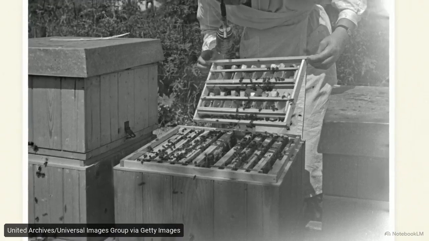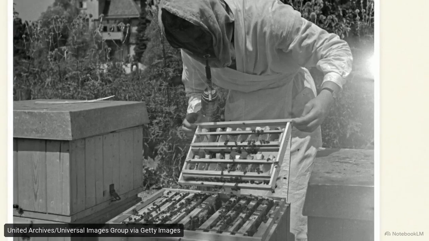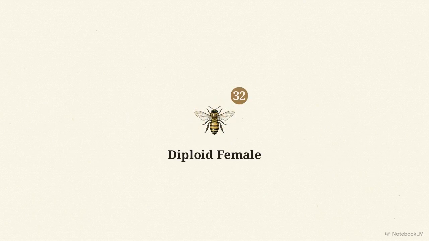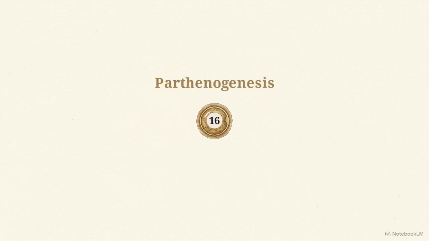The final quadrant removes the requirement for specialized sex chromosomes entirely. In the haploid-diploid system of the honeybee, sex is determined strictly by ploidy, the total number of chromosome sets received. A fertilized egg containing 32 chromosomes develops into a diploid female. An unfertilized egg develops through parthenogenesis into a haploid male containing only 16 chromosomes.